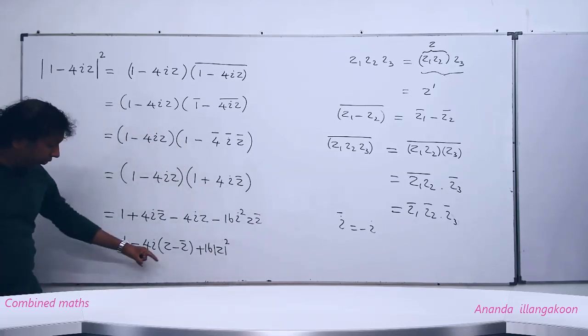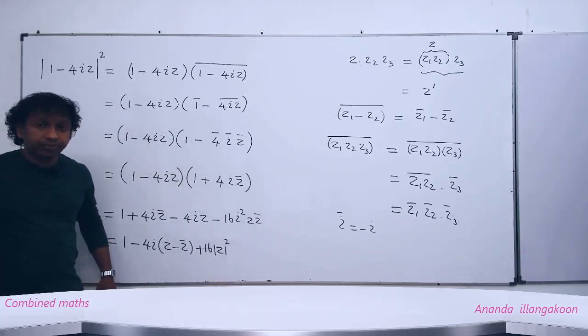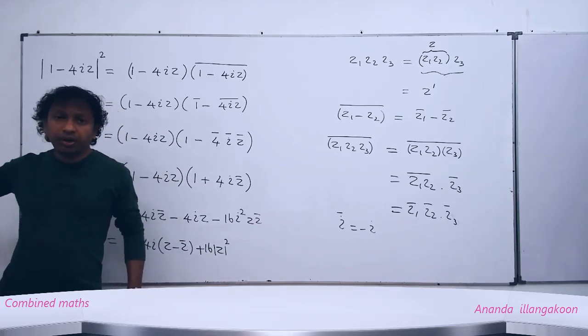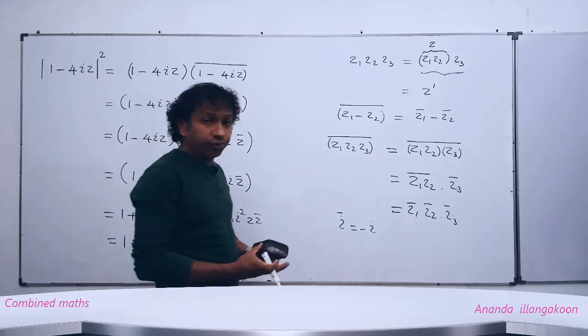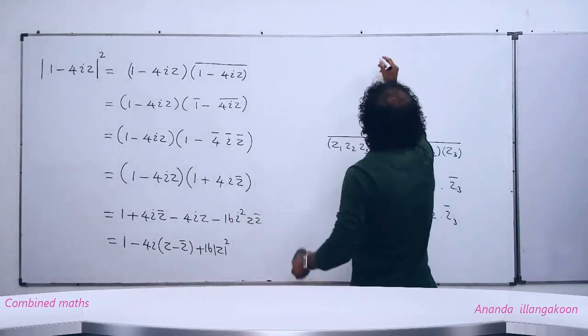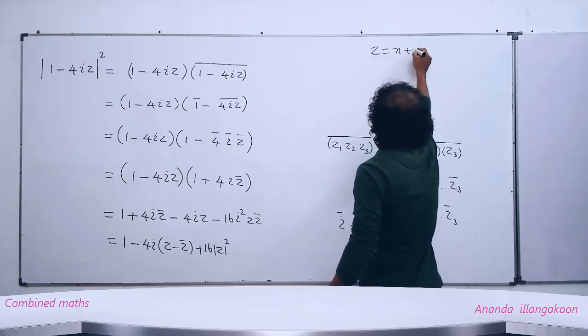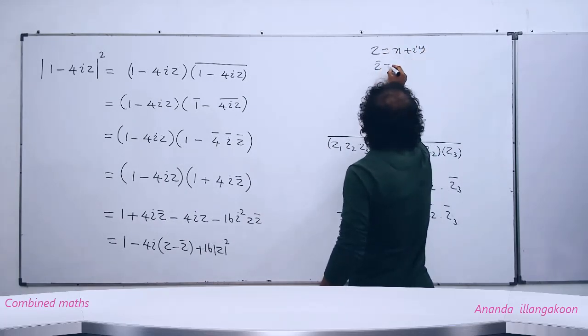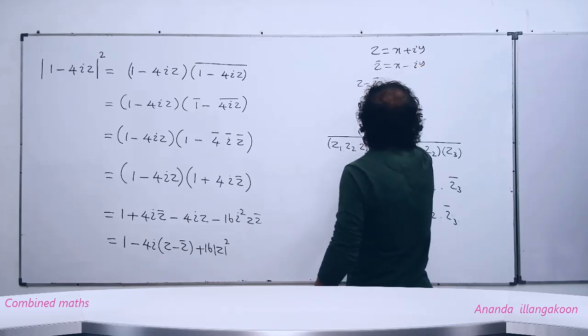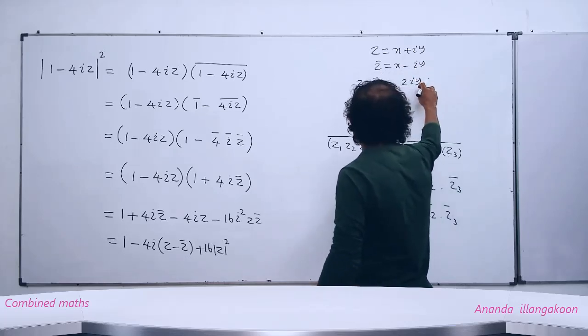You know what is z minus z bar? Z minus z bar, we noticed, is 2i times the imaginary part. Remember, we did that earlier. Z is x plus iy, z bar is x minus iy, then z minus z bar is 2iy. 2iy means this y is what?